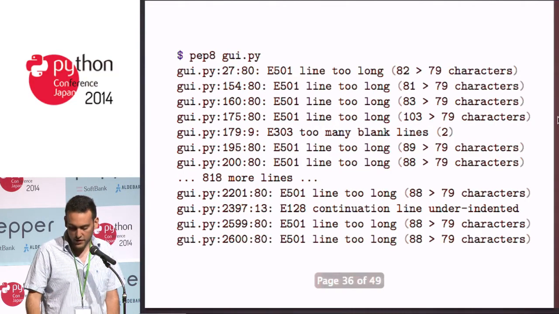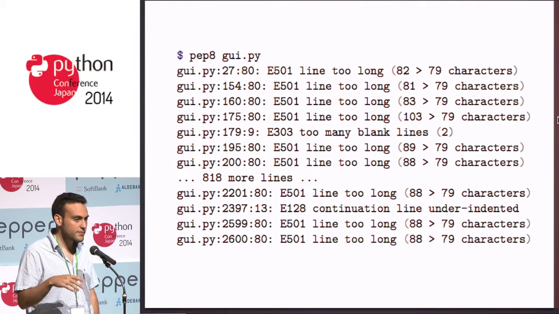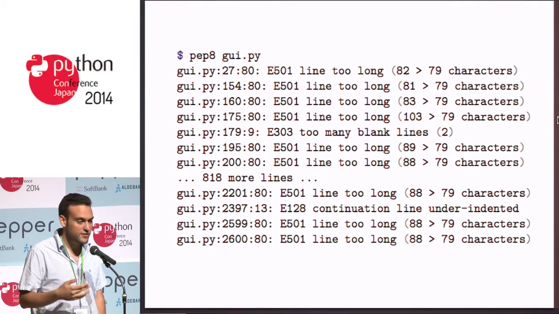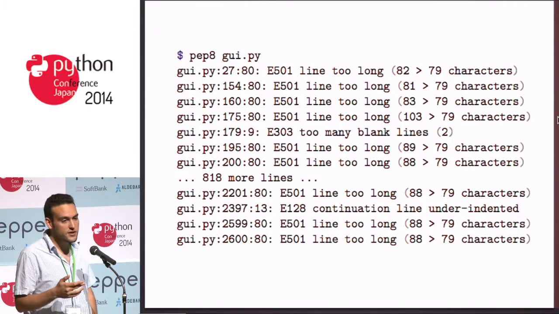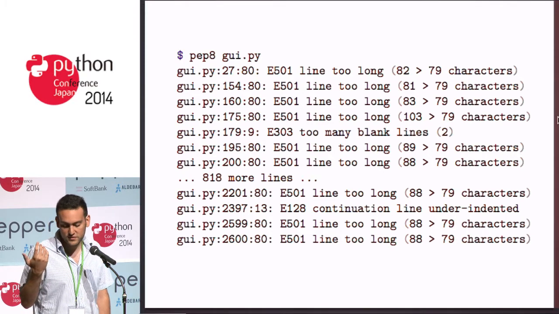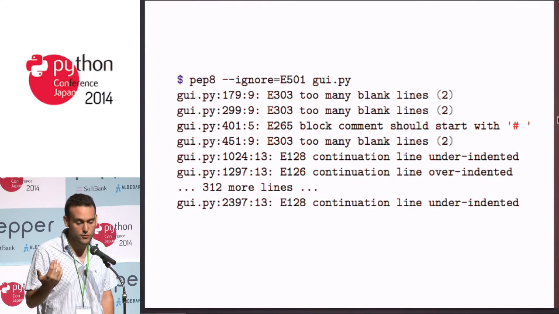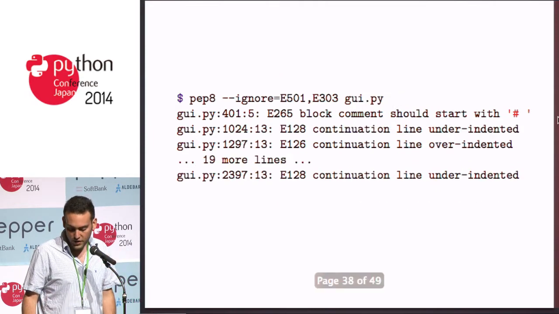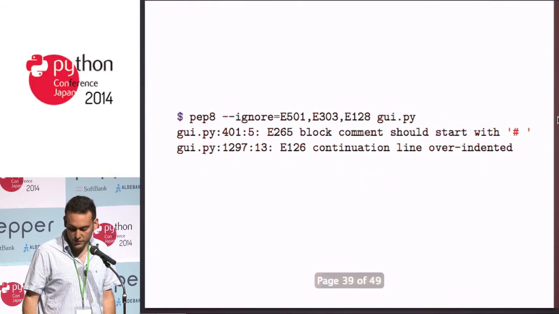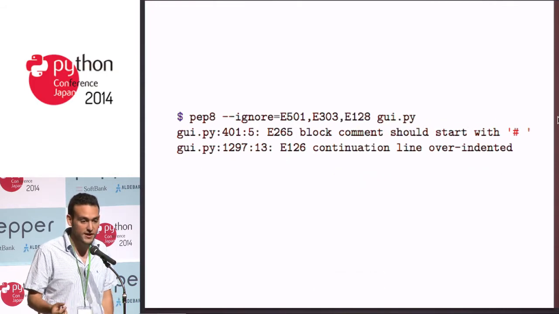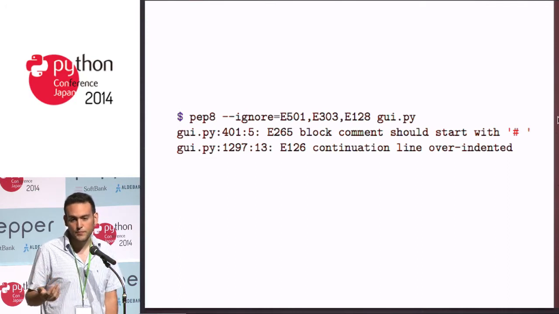Pep8 has this concept of error codes, which is also in some other tools. Error E501 means this line is too long. So I can say ignore error E501, and then I get a far smaller list of errors for my source code. Then maybe I can add further ignore statements, and get a file that only has 2 errors. Then I can fix those, and then I achieved 0 errors in my code.